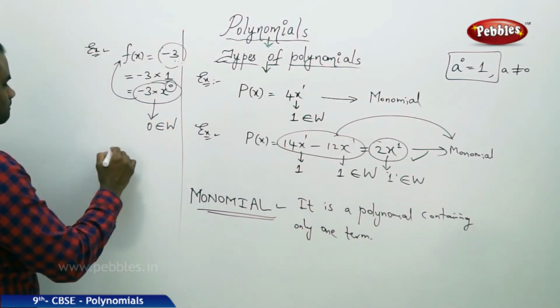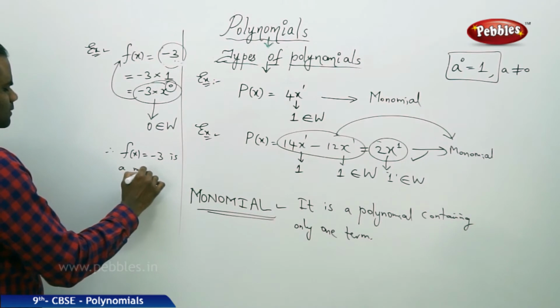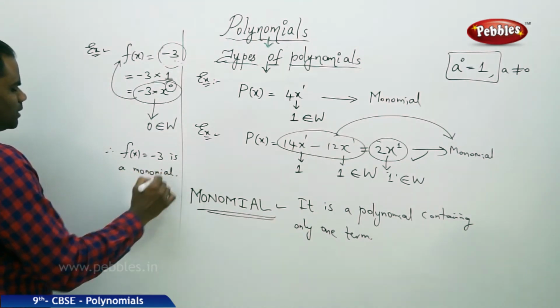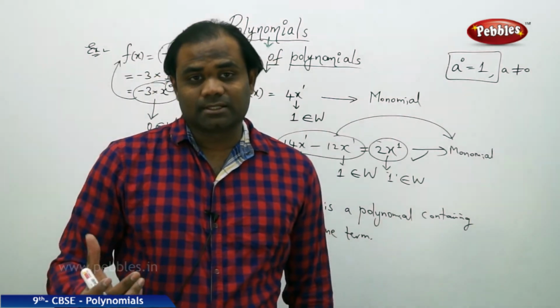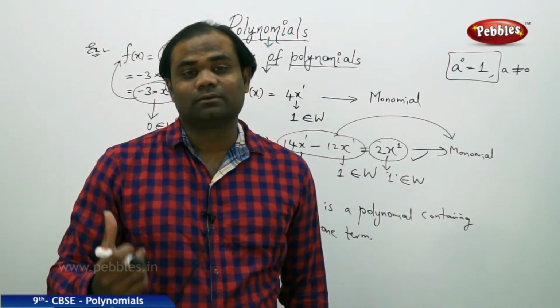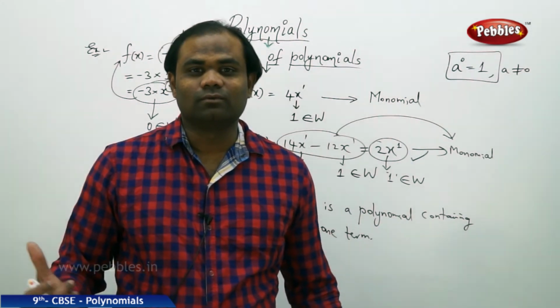Therefore, minus 3 is a monomial, which is how I understand monomial as the definition of a polynomial with one term. Monomial is a polynomial of one term.